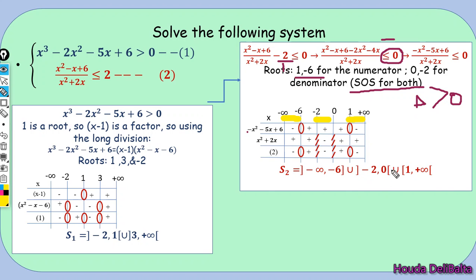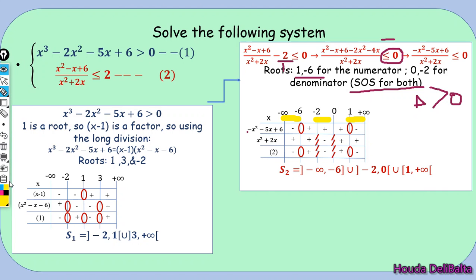So that's why we open the interval even though we have or equal, because these are rejected values. And the final union, the last region, from 1, closed at 1, to plus infinity. And that's solution 2. So it's a union of 3 intervals.